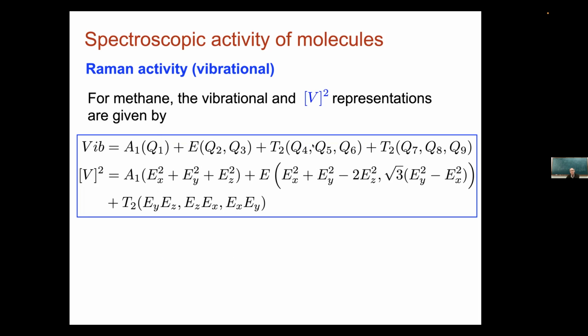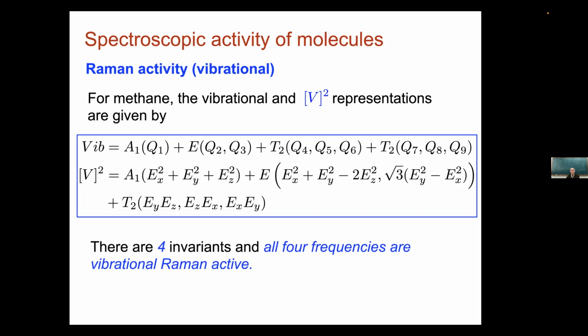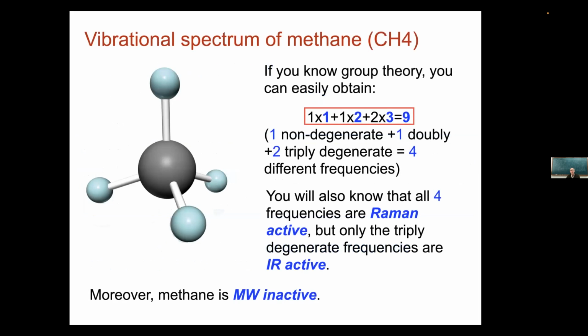And now this I can multiply, this I can multiply, so these two frequencies are also active. And I have a Hamiltonian which depends on 4 independent coefficients. You will do that in an exercise. But the important thing is that all 4 frequencies are vibrational Raman active, because all of them are contained in the symmetric V square decomposition.